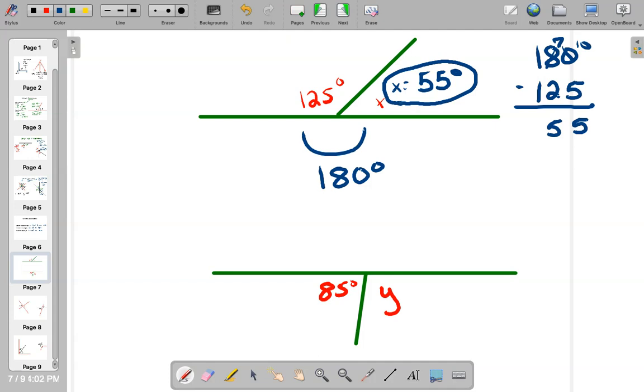Okay. For our next angle down here on the bottom, same idea, except that in this problem, we have 85 degrees that we're starting with instead of the obtuse angle, 125 degrees. So this one I could solve as an equation, doing 180 minus y equals 85 degrees.